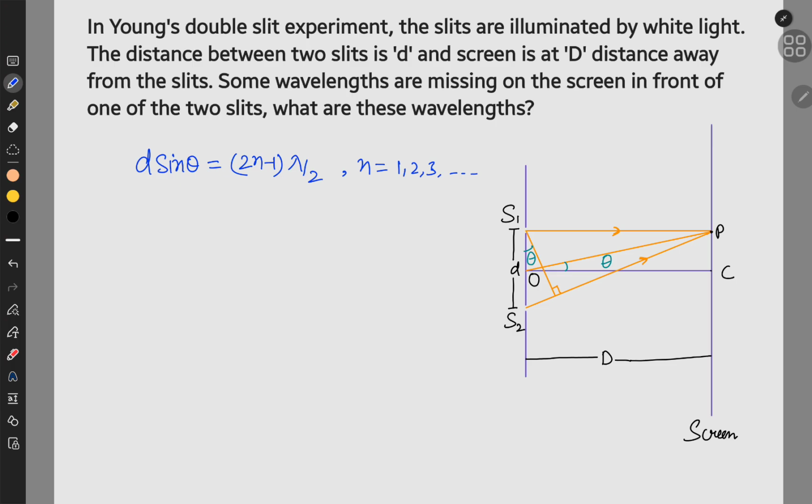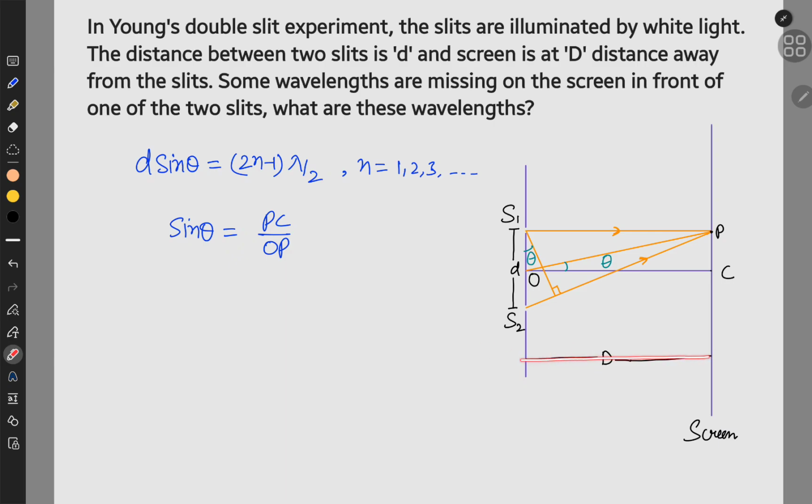Now if we look at this triangle, P, O and C, then sine of theta is PC divided by OP, where OP is the hypotenuse of this triangle. But since we have already assumed that theta is quite small, in that case this OP will be equal to the distance between the screen and the slits.